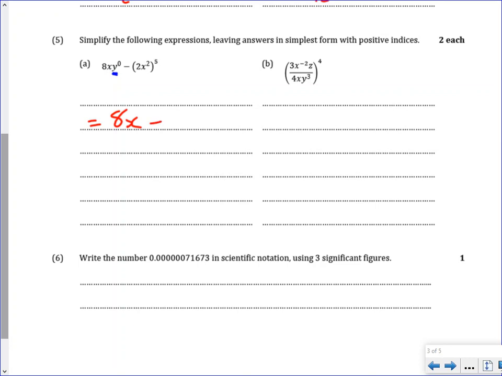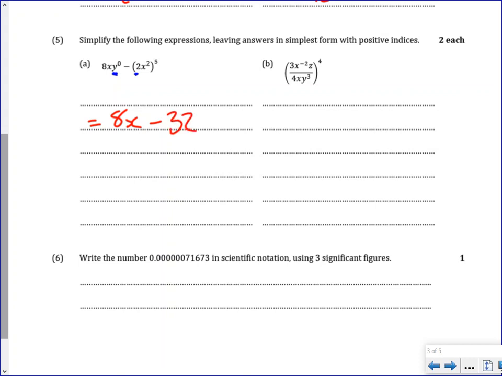And then going on with this, when we have powers of powers, with products in between the brackets, we basically raise each thing to the power one at a time. So first of all, we have 2 to the power of 5, which is 32.